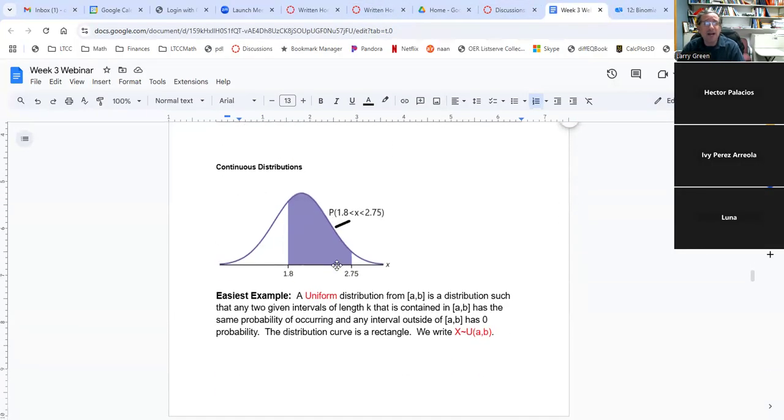Okay, now we're going to move on to the continuous distributions. What is the shape of this distribution picture that I've got here in one word? We talked about this 2 weeks ago. What's the shape of what I have written of this guy? In one word, that's a hint.